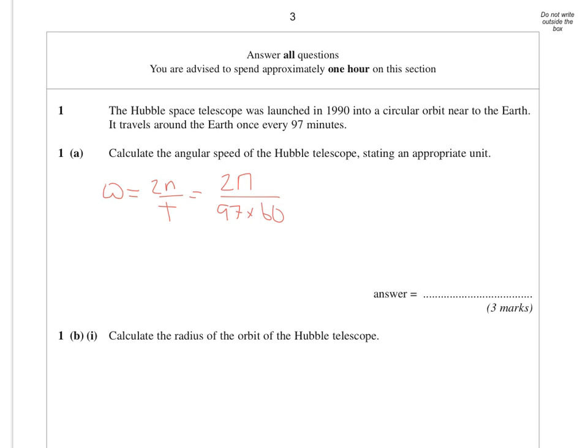So 2 times pi divided by 97 times 60 gives you 1.079 times 10 to the minus 3. So we're going to get 1.1 times 10 to the minus 3 radians per second there.